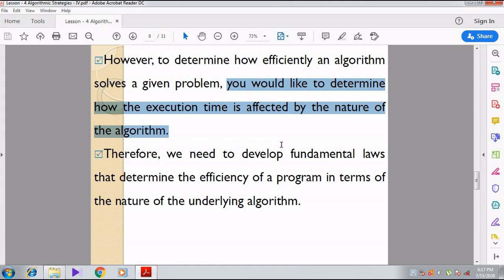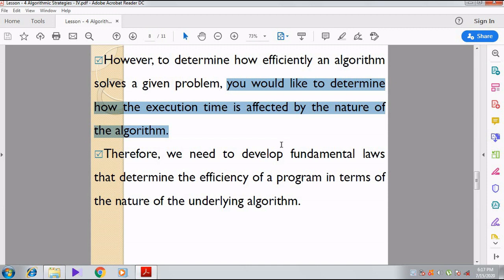Sometimes the algorithm may be very difficult, or the program may be lengthier, and it may be difficult to execute.